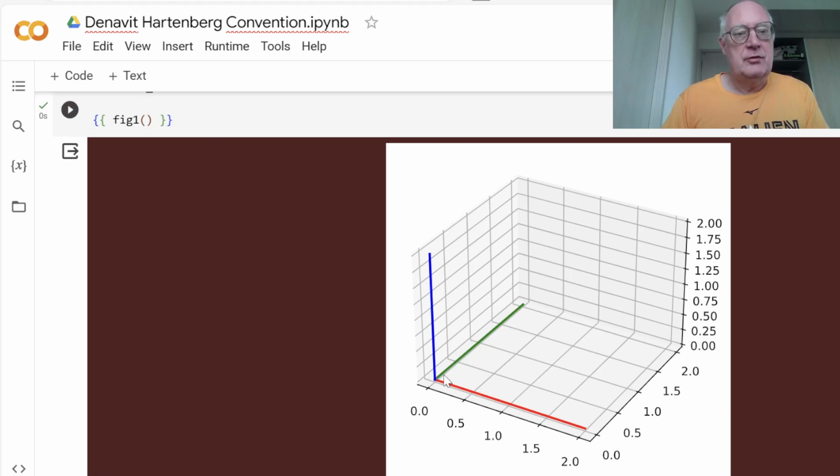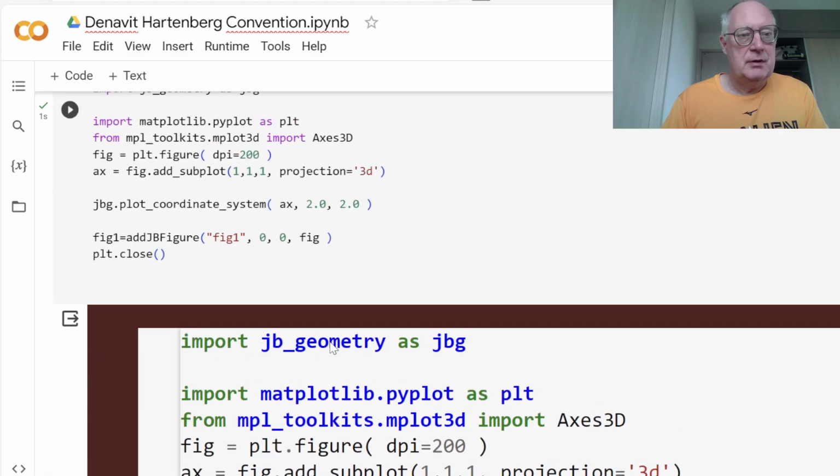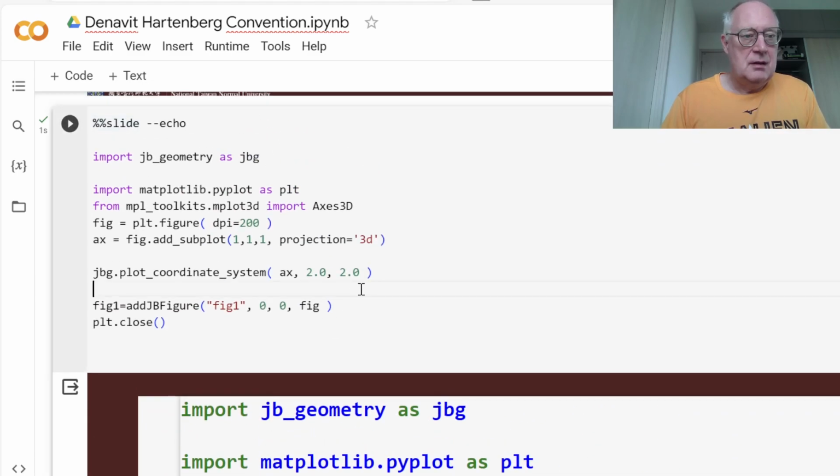So here's our inertial frame, Z going upward, y-axis to the left, x-axis going forward. And then let's calculate our Denavit Hartenberg coordinates. So A1 would be equal to DH, the Denavit Hartenberg convention, and that would be theta 1, D1, A1, alpha 1.